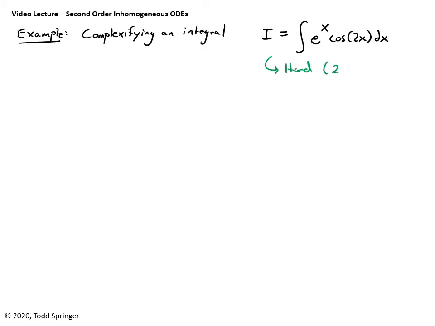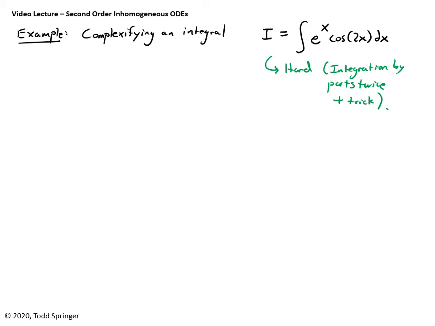You need to do integration by parts twice, and then you also need some extra trick at the end in order to do it. So it's kind of hard to do it as written. You can do it, but it's a pain.